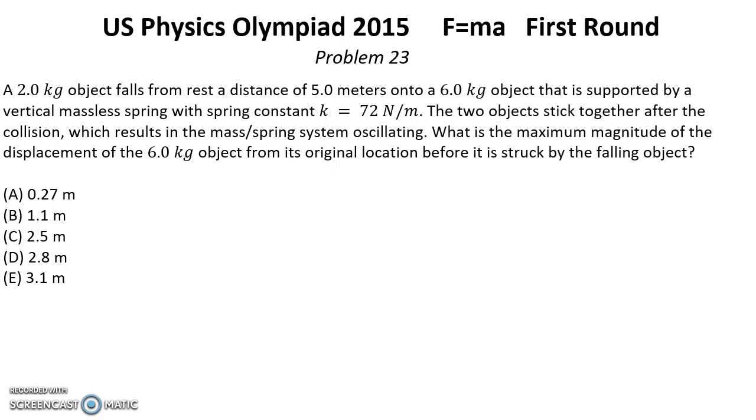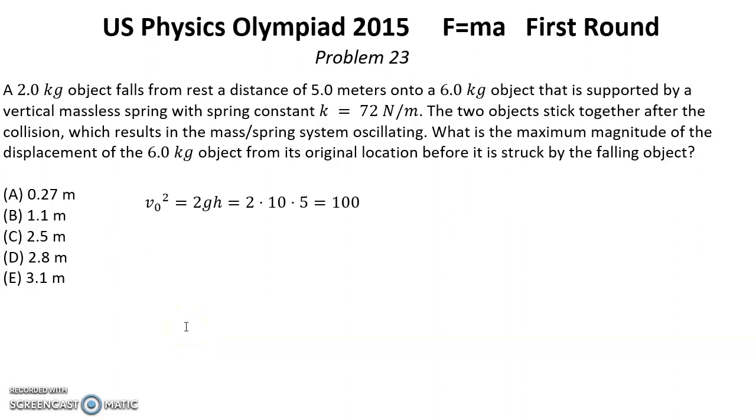Solution. Here we have several steps to solve this problem. First step, we have to find the speed of the first object of 2 kg when it reaches the second object. Here we use energy conservation.